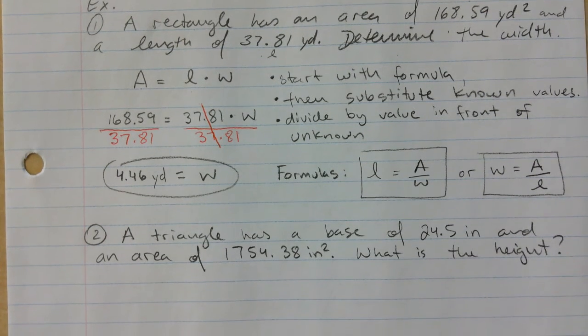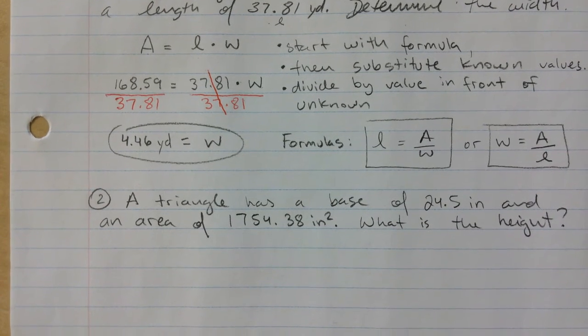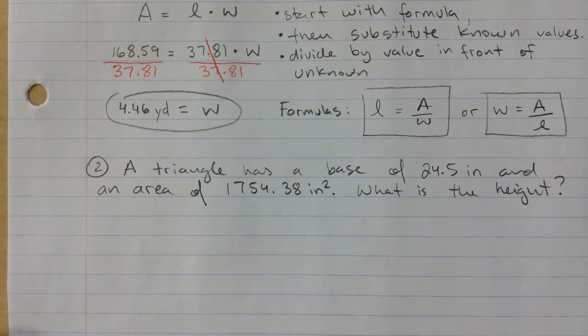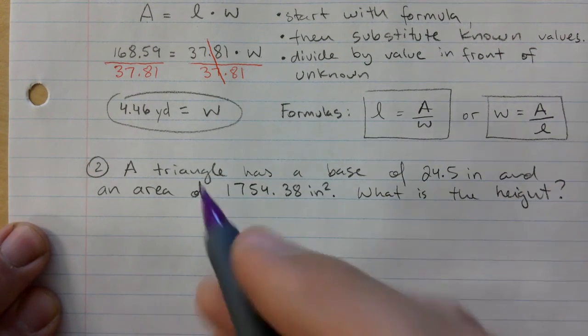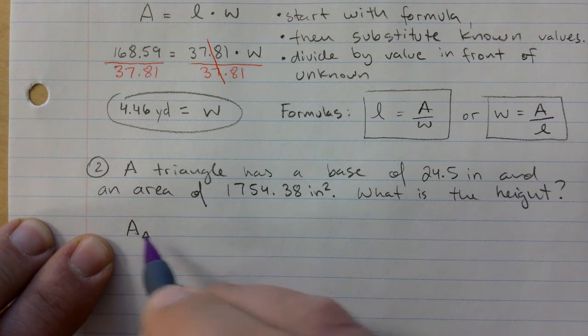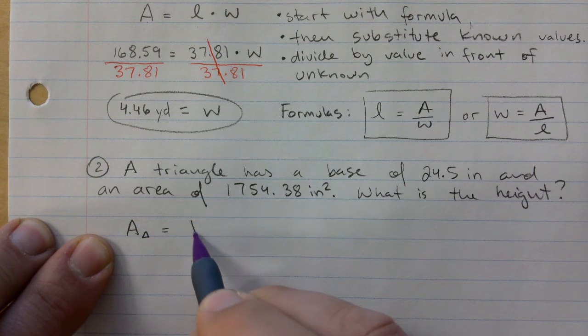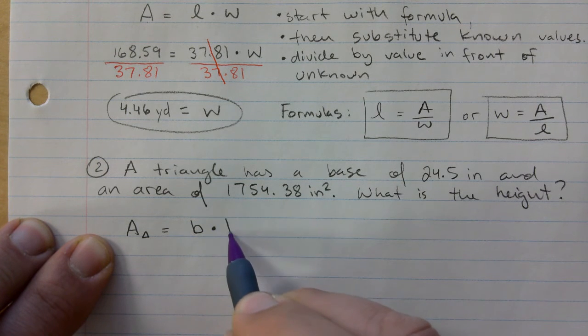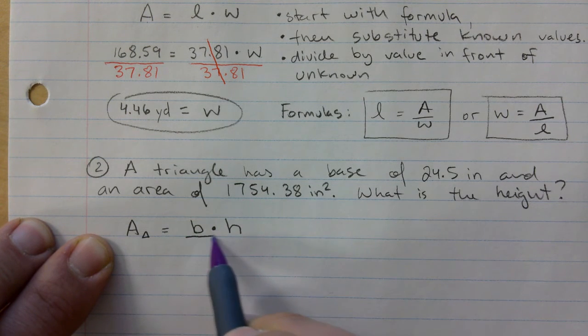This one is harder, so we're going to slowly step it up a bit. So it's area of a triangle that we start with. We start with a formula, which is base times height divided by 2.